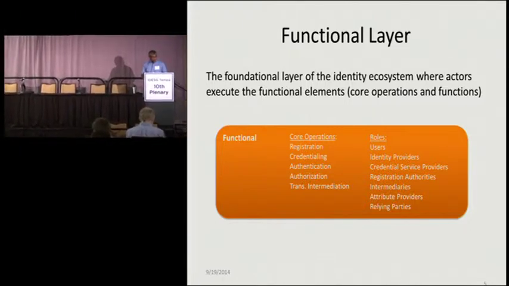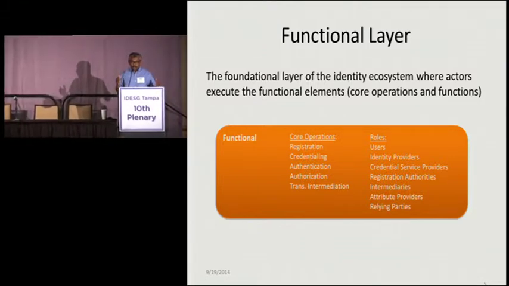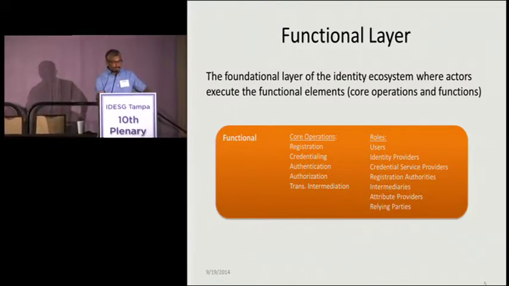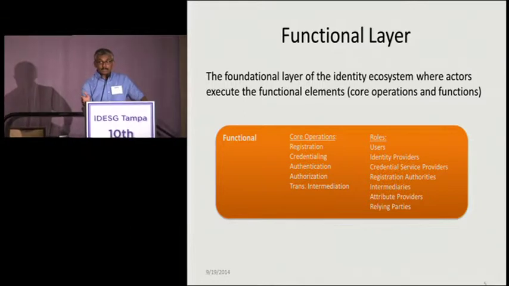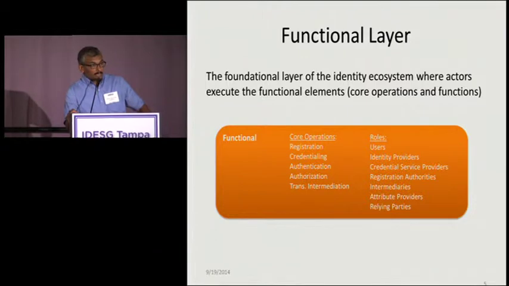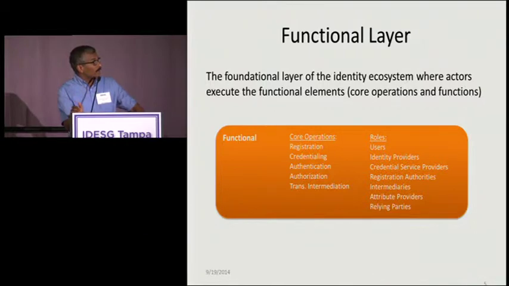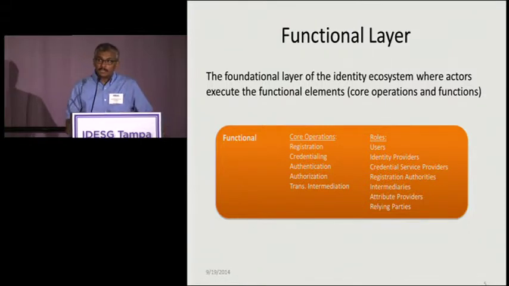So having covered the main aspect of the functional model document of the work, as I said, the rest of the slides are essentially detailed. So let's talk a little about the functional layer itself. This is the foundation of the ecosystem, where we have the different actors performing different roles and providing the core operations or functions that obviously have to be provided by an identity ecosystem.